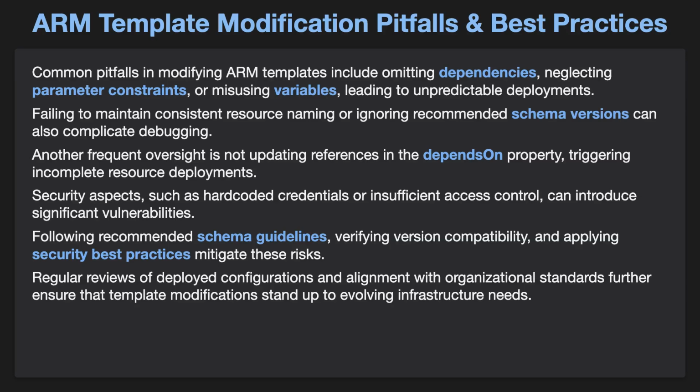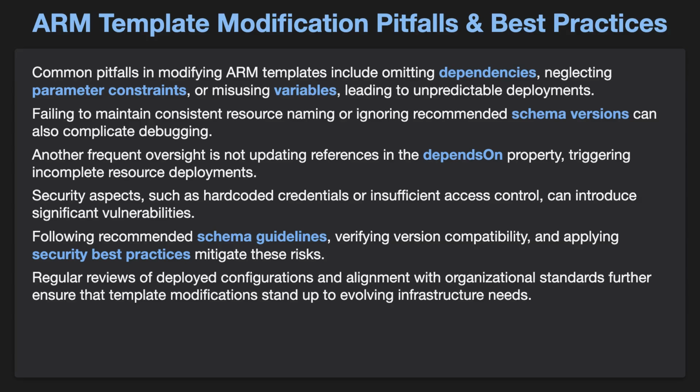Common pitfalls in modifying ARM templates include omitting dependencies, neglecting parameter constraints, or misusing variables, leading to unpredictable deployments. Failing to maintain consistent resource naming or ignoring recommended schema versions can also complicate debugging. Another frequent oversight is not updating references in the depends on property, triggering incomplete resource deployments.